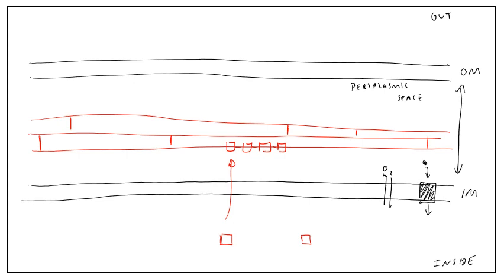Now, I said that there are some specific molecules found in gram-negatives, and there's a molecule called LPS, which is called lipopolysaccharide. And LPS is found here, sticking out.